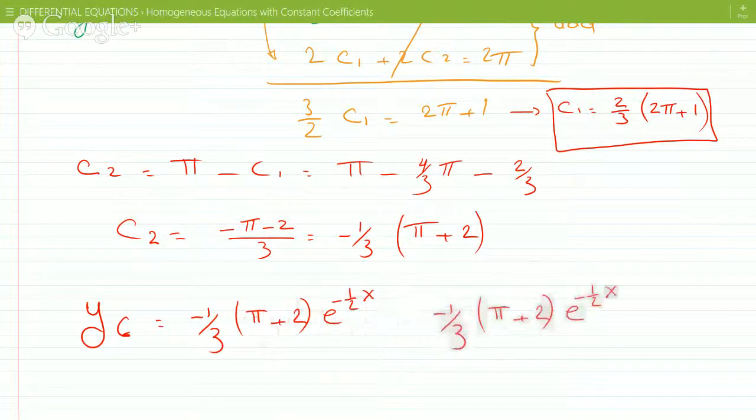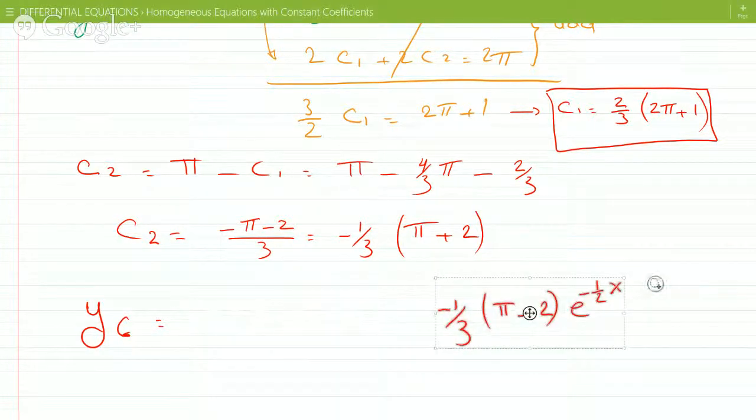So this was C2, I wrote one by mistake, and this here is e to the minus 2x.